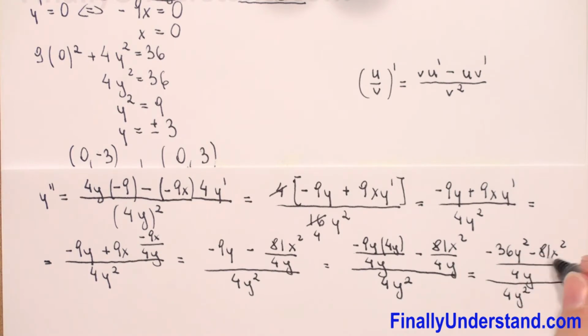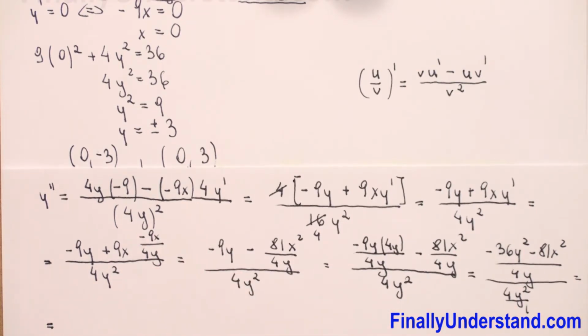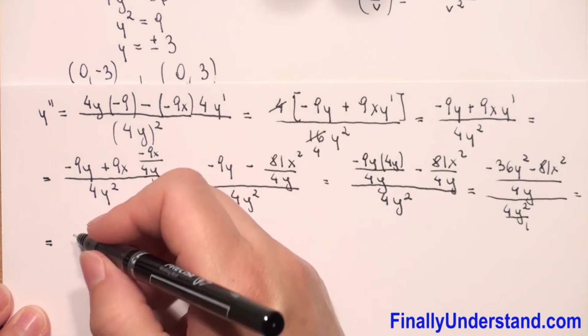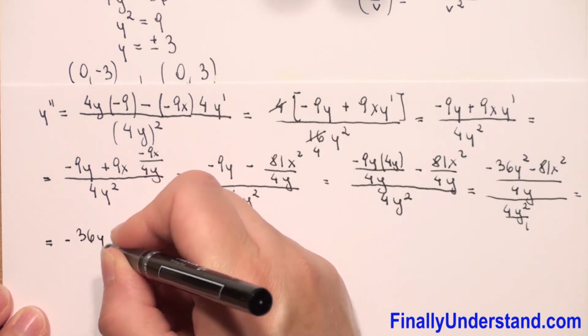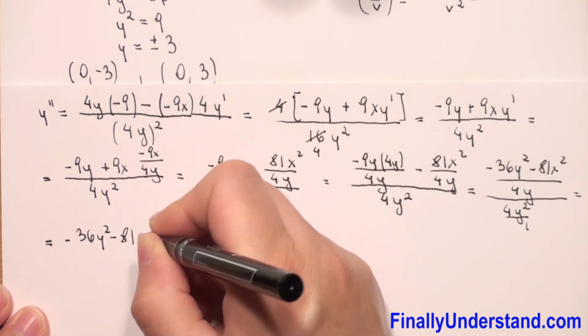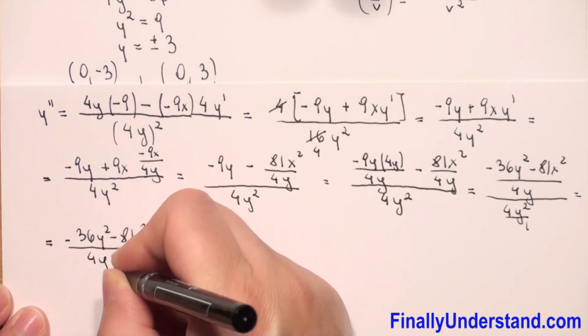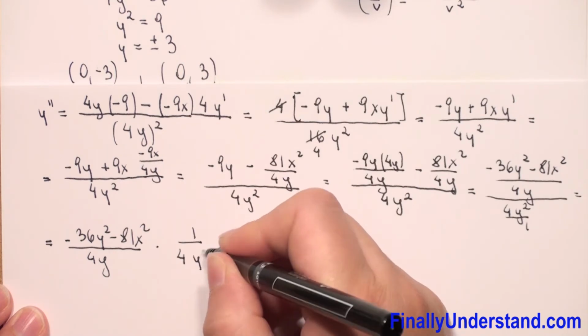So because we have fraction in numerator, I will make fraction in denominator over 1. So when we divide two fractions, we copy the first fraction and change the sign to multiplication and flip the denominator. So it will be negative 36y squared minus 81x squared over 4y times 1 over 4y squared.